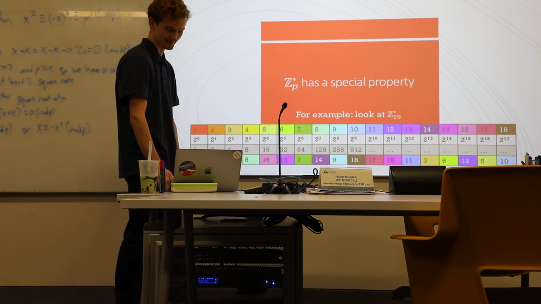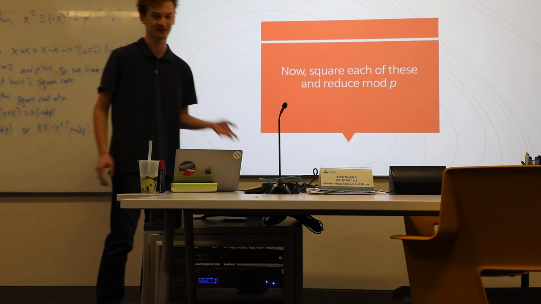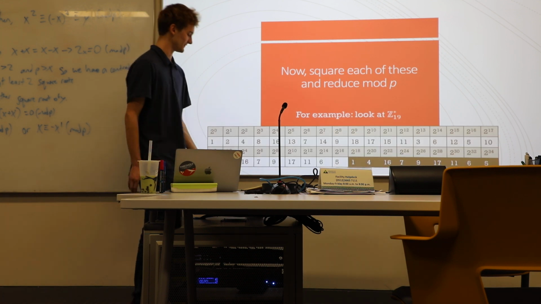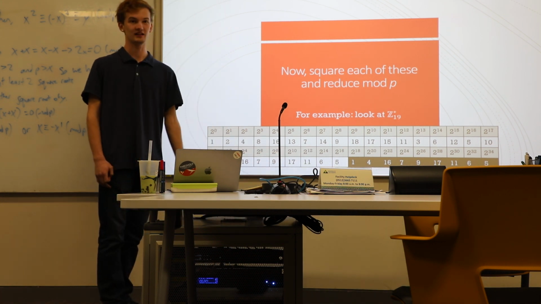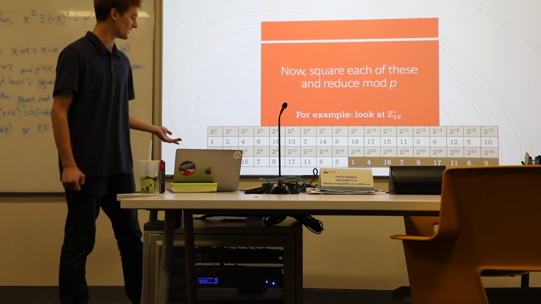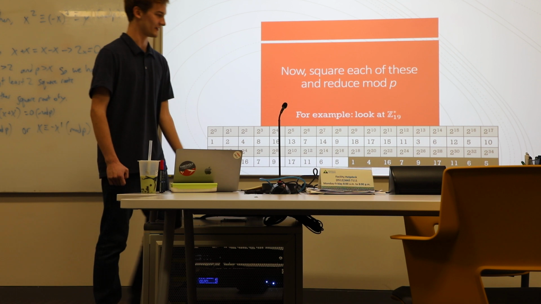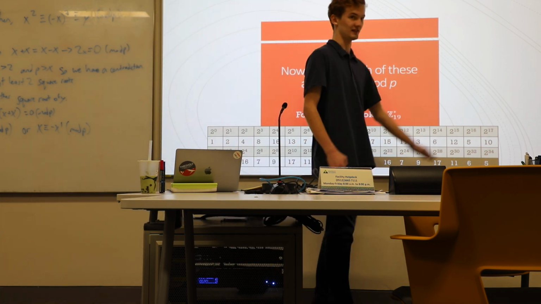Wait, is that the same? Oh, okay. So now we're going to square everything to calculate the quadratic residues. So as you can see, half of them are the same as the other half, and this cycle repeats exactly at the end.